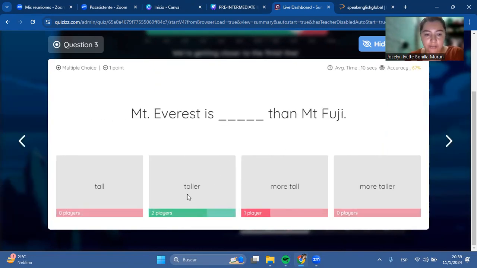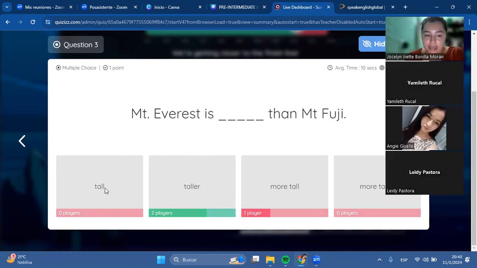Okay, so here, remember that tall is a short adjective. What is the rule that we need to apply in this? The general rule, just to add ER, yes, because it's small, just one syllable.